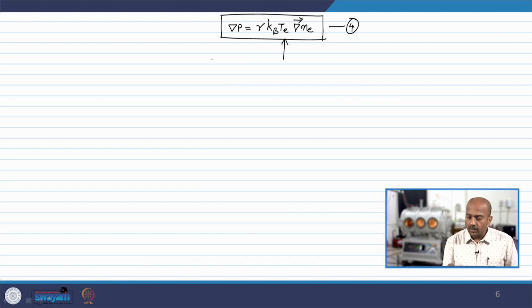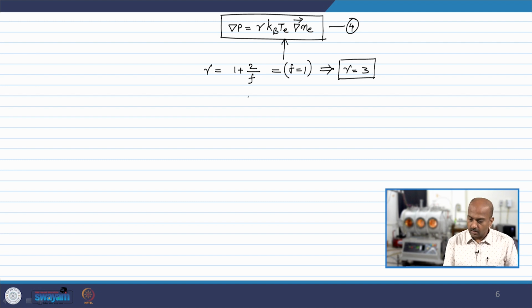Now, if we are considering a one-dimensional picture, gamma is written as 1 plus 2 by F. What is F? F is the number of degrees of freedom, and only 1 degree of freedom is available for this picture. So, F is 1. So, we will get gamma as 3.